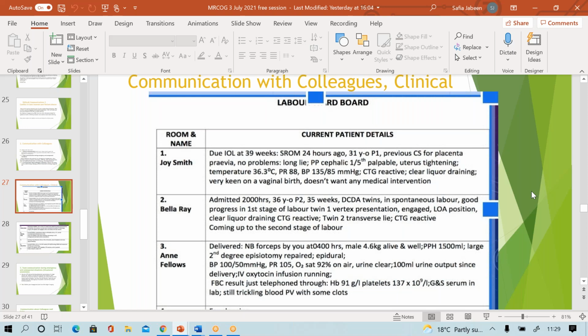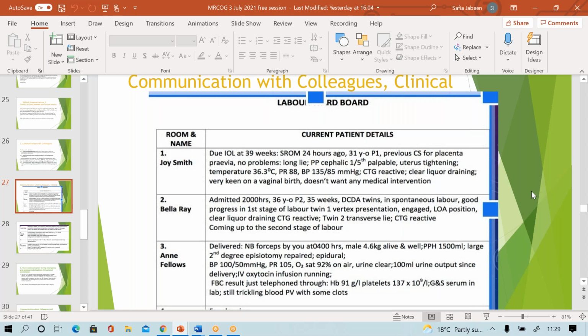So the handovers are done according to the SBAR protocol: situation, background, assessment, review or recommendations. Colleagues are also supposed to hand over this care to you under these headings.